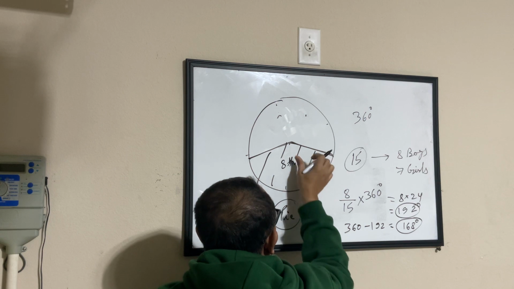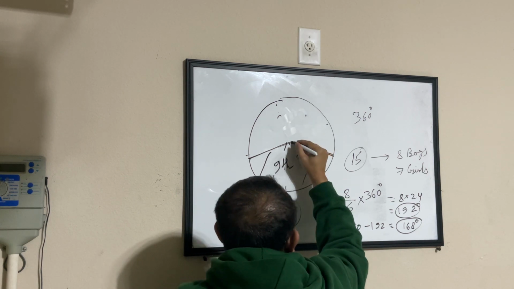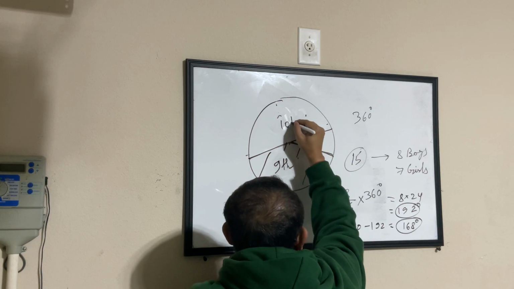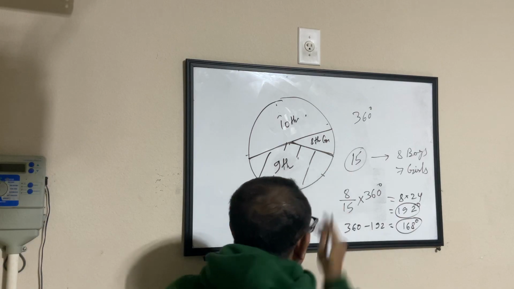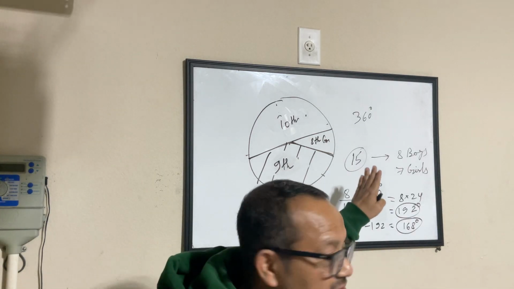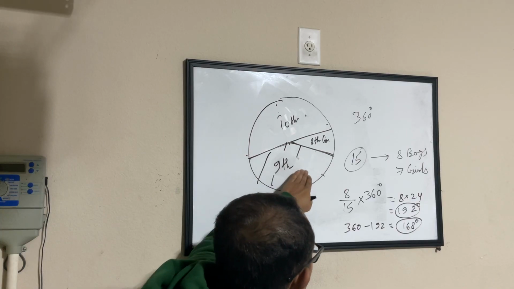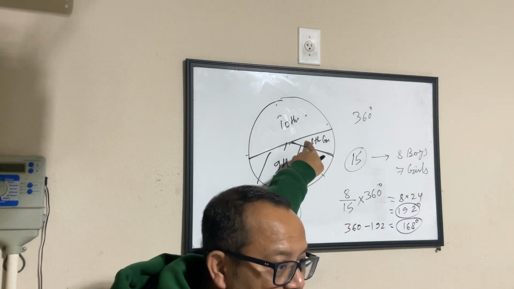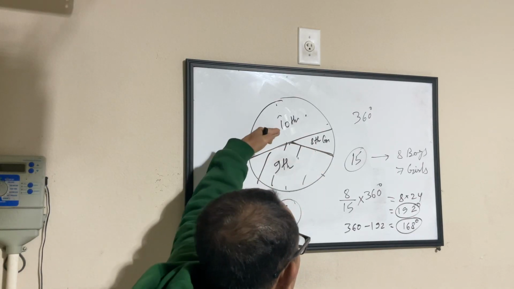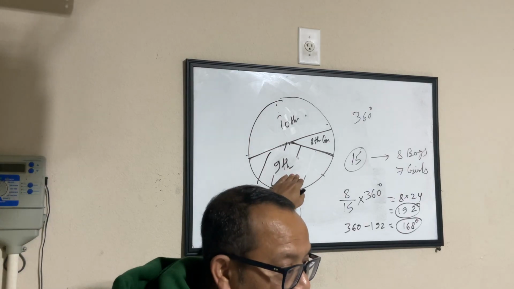Let's say 9th grade is maximum. Just by determining the percentage split of the different age groups, by looking at this graph itself, we can figure out that 8th grade kids are the least in number in this class. Similarly, 10th is probably the highest among all, and this is in between the two.